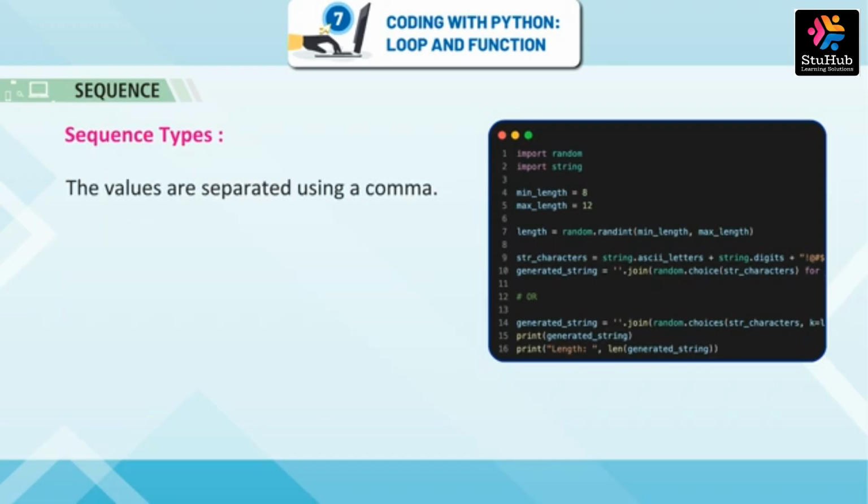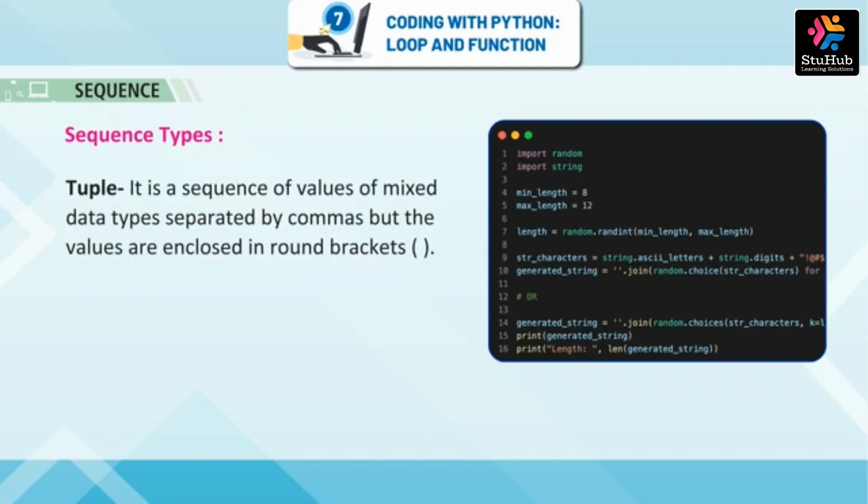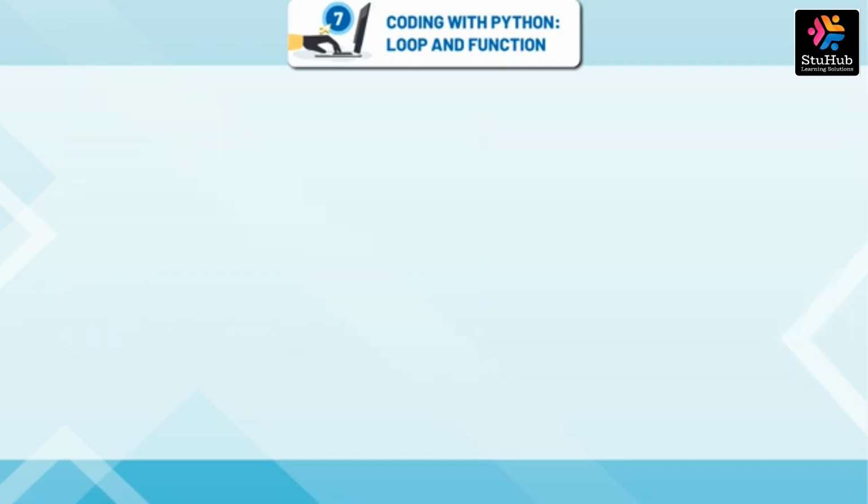The values are separated using a comma. Example: score = ["player A", 90, "player B", 100]. Tuple: it is a sequence of values of mixed data type separated by commas, but the values are enclosed in round brackets. Example: state = ("UP", "Delhi").